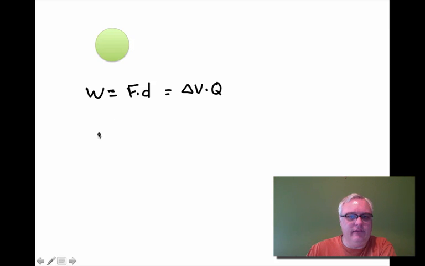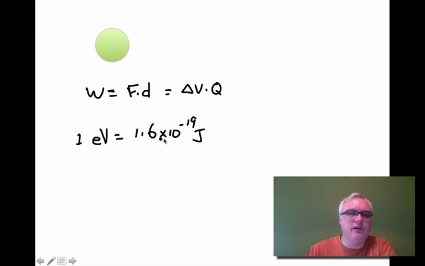And instead of talking about the tiny number of joules of energy, we create a new unit called the electron volt. So 1 electron volt is equal to the energy that an electron, so a charge of an electron, gains when it passes through a potential difference of 1 volt. And that works out to be 1.6 times 10 to the negative 19 joules.